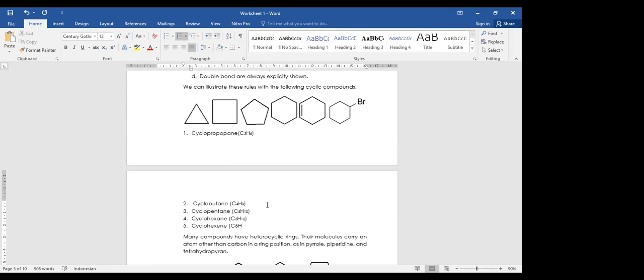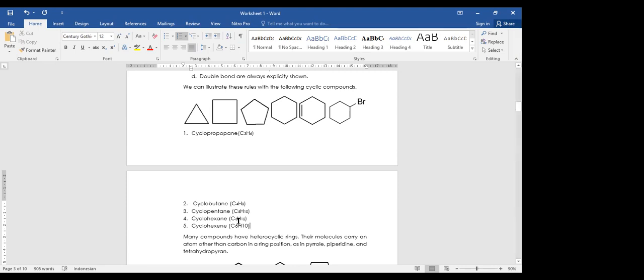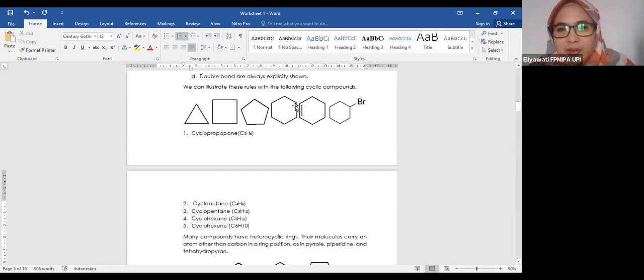Because there is a double bond, so this C atom only binds one hydrogen atom.